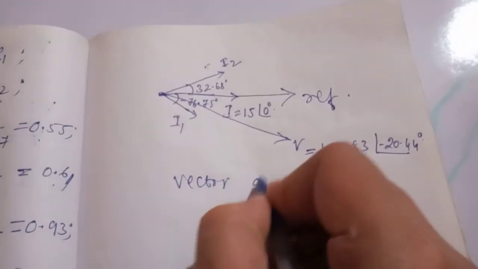Where is minus 20? Minus 20 is here. So this is the vector diagram.